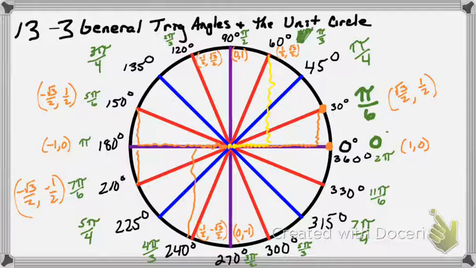Okay. For 300, I'm going to speed this up just a little bit. We're going to go positive short, negative long. Positive short is 1/2. Negative long, negative root 3 over 2. Are you with me there? It's the same thing. We're just going around the circle, around and around.